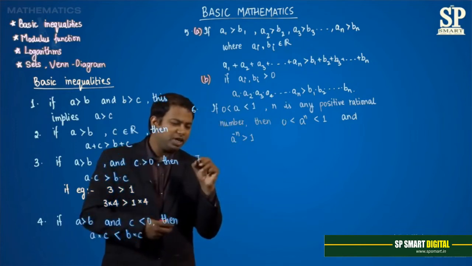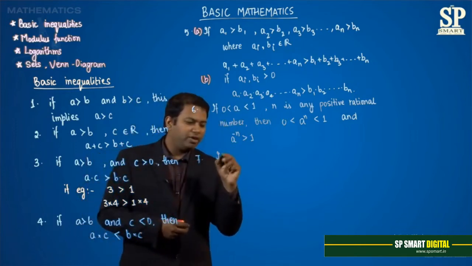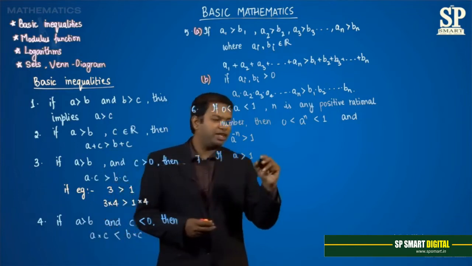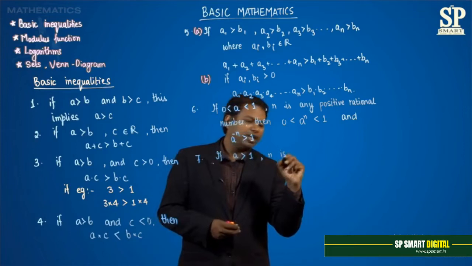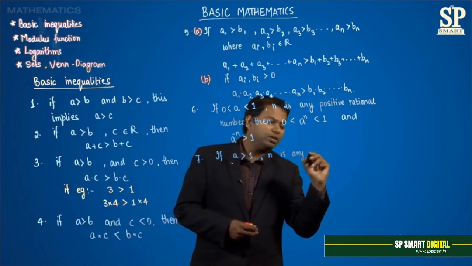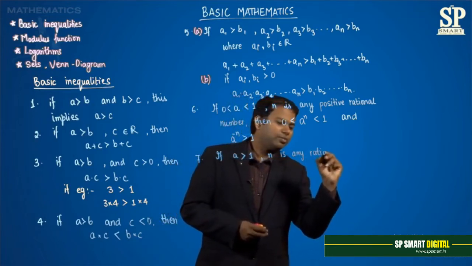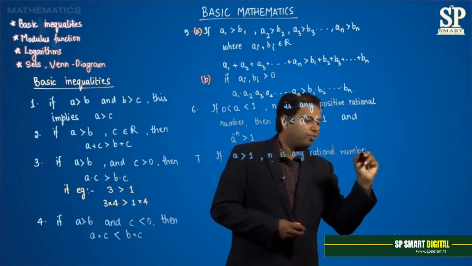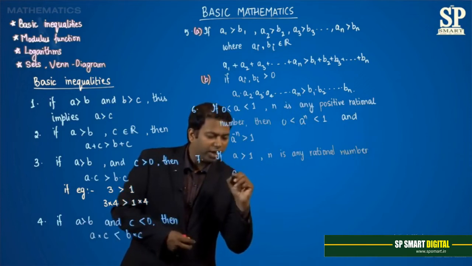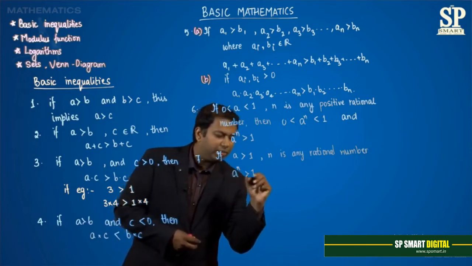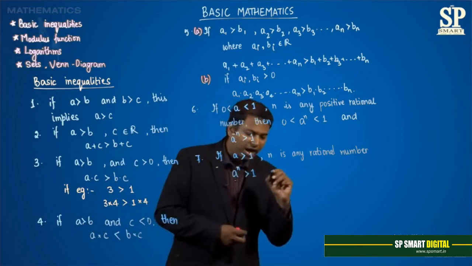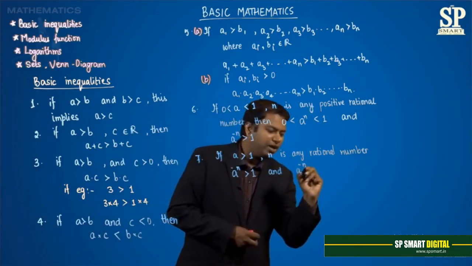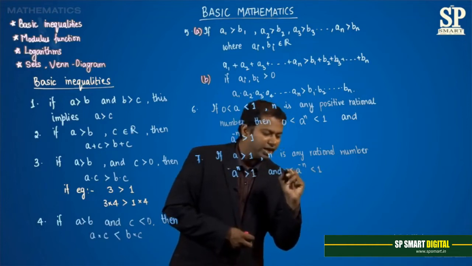Now what happens? An obvious question, if A is greater than 1. If A is greater than 1 and N is again any rational number, then A to the power N clearly becomes greater than 1 and A to the power minus N becomes less than 1 and greater than 0.